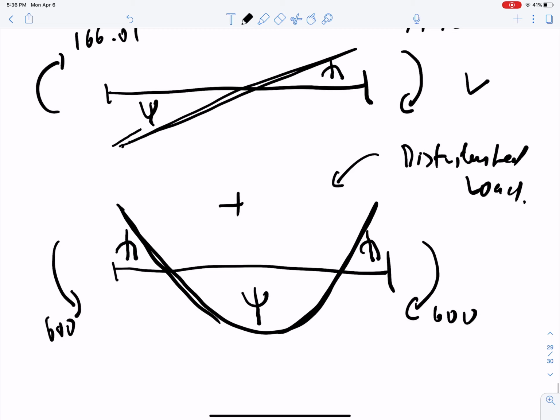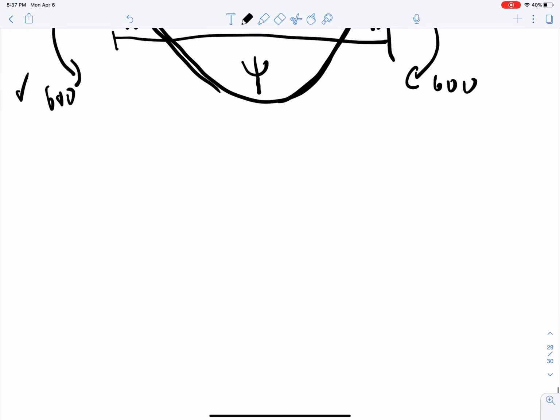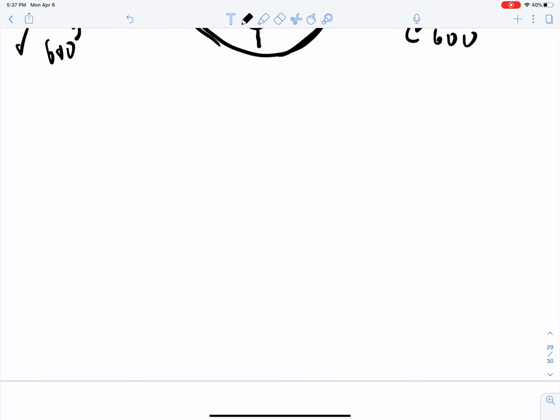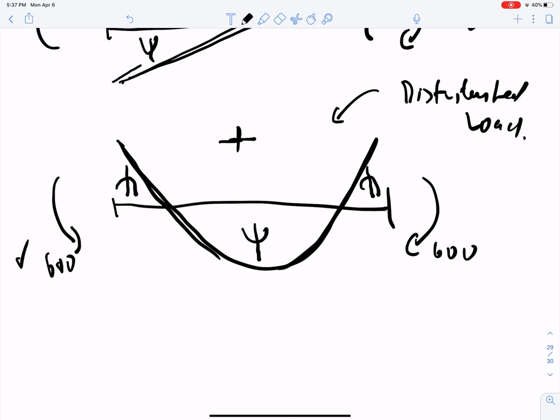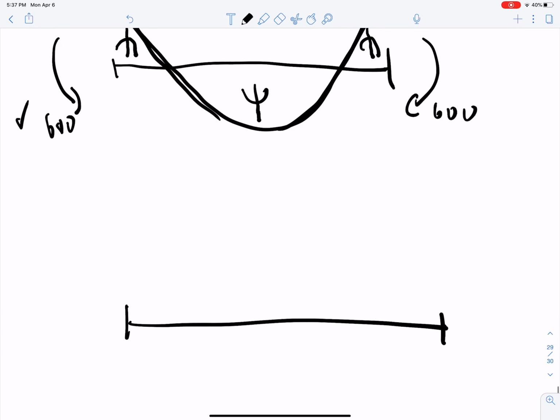So on the left side, you can see that the two moments counteract each other. So then we're going to have to take this and subtract that one. Okay, so here's our element. Right, you have this plus this equals 2. Right.